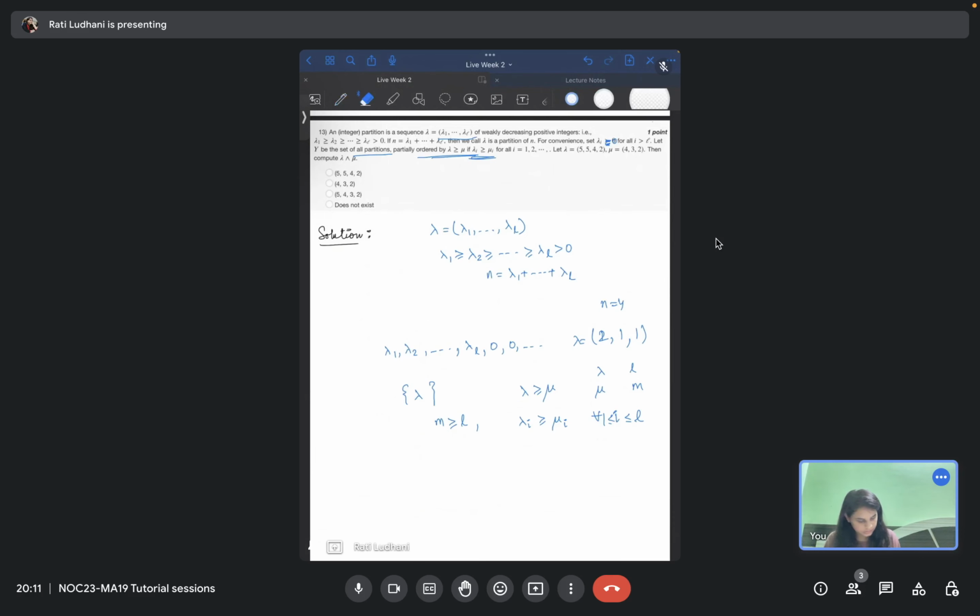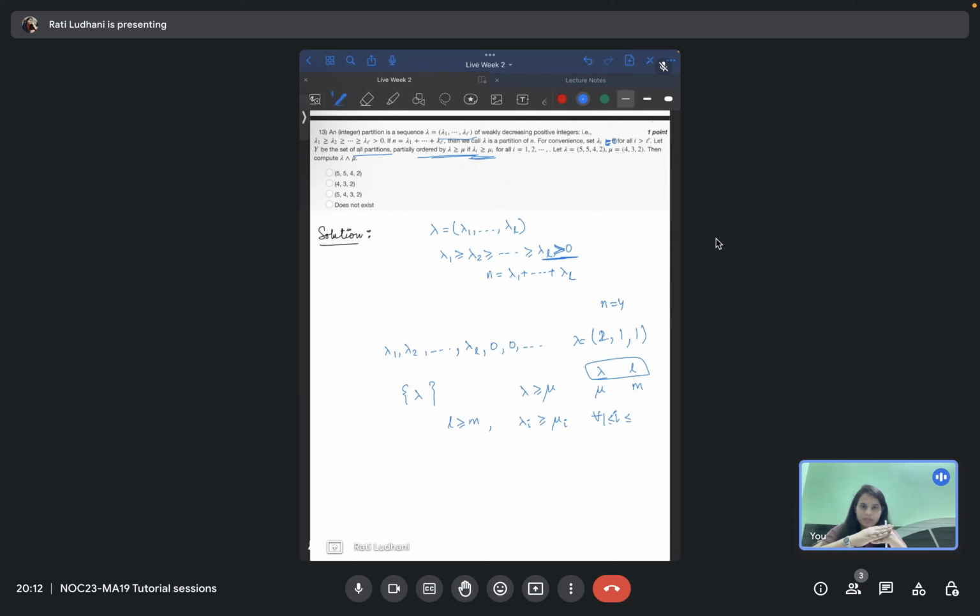What have I said? I should not write like this, it should be l. So the bigger one has to have the bigger or equal length. I'm using l to denote that, and after that it is just 0.